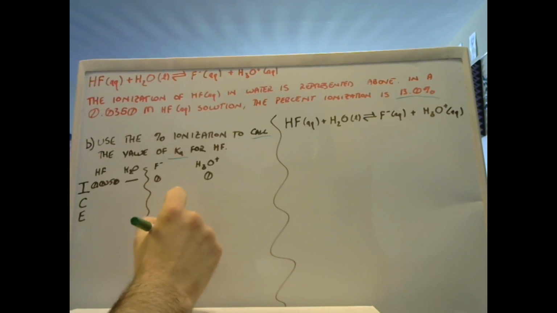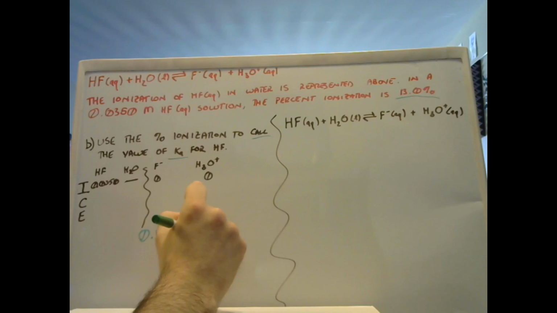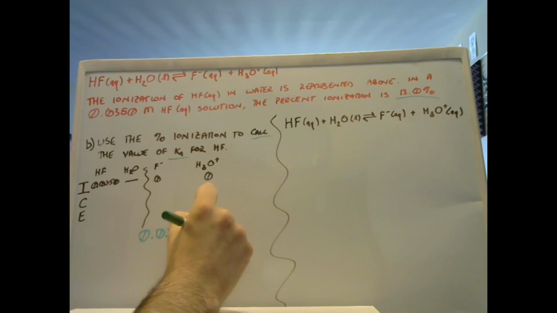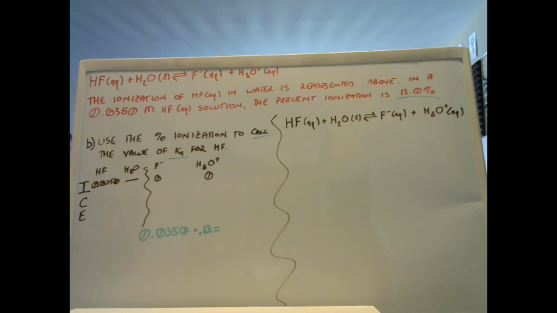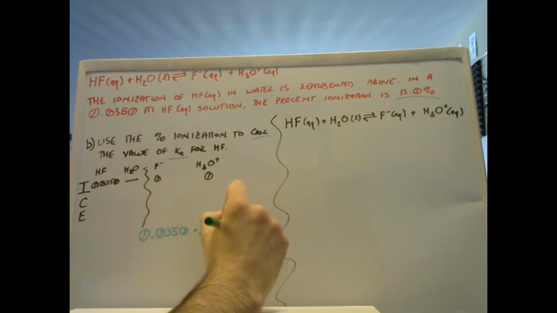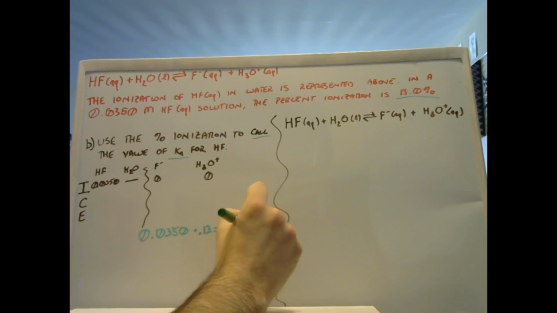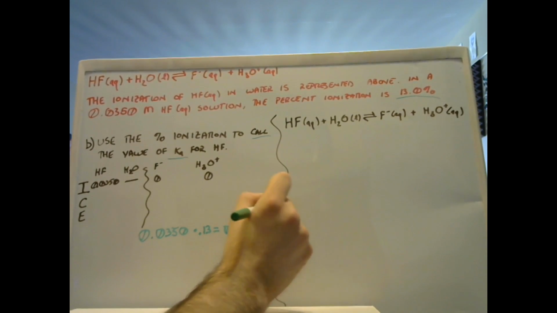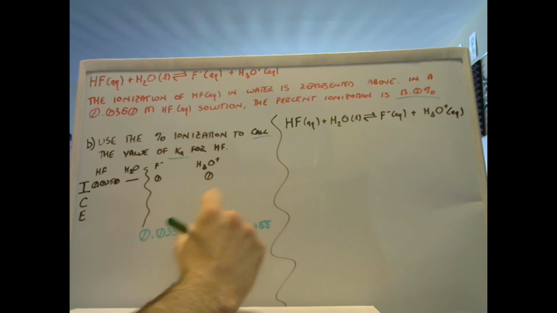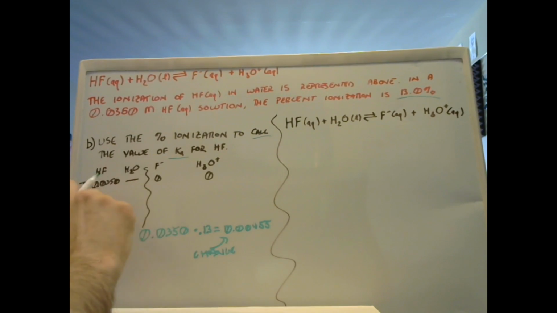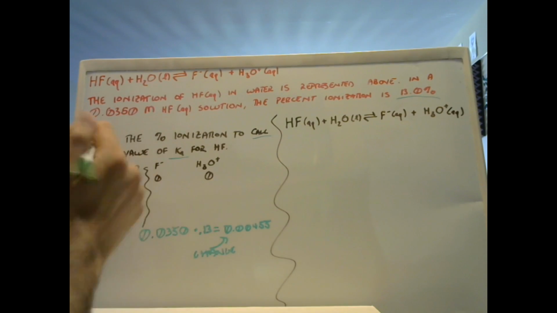0.0350 times 0.13 equals 0.00455. This number right here is your change. It's how much this is going to go down by, and these two numbers are going to go up by.